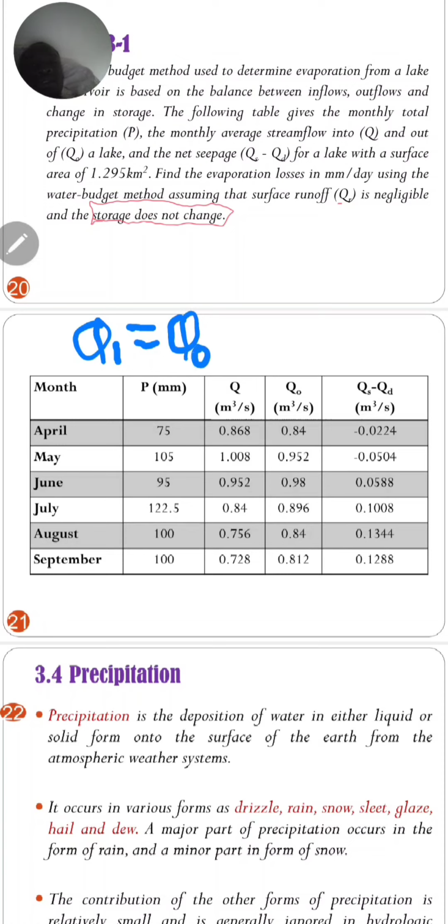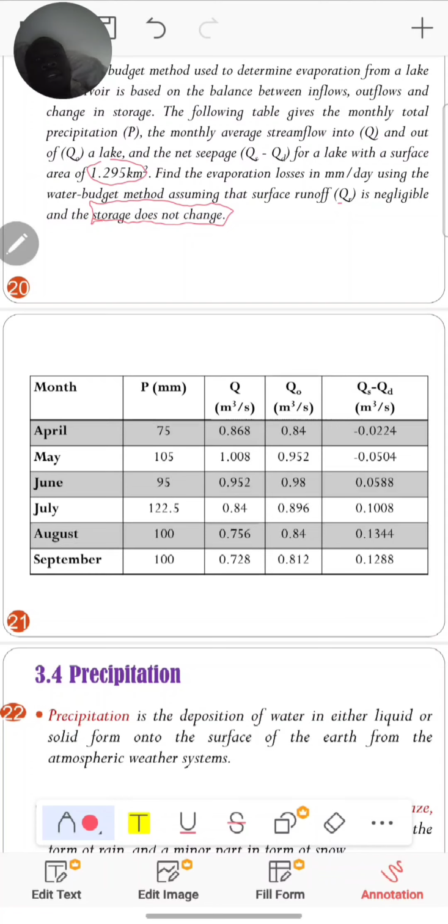Okay, so then once you find the Q in, you find the Q naught, then you equate them, and then you can solve for something that you don't know. So now you should know that you need to play around with the units. You have the area which you're going to use at some point, and then you also need to take into consideration the final units that you need.